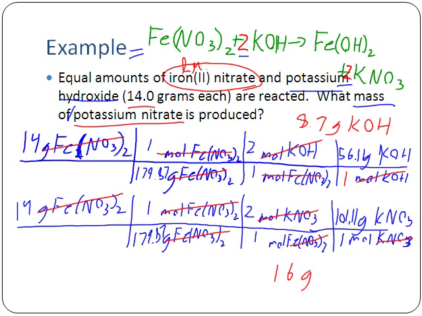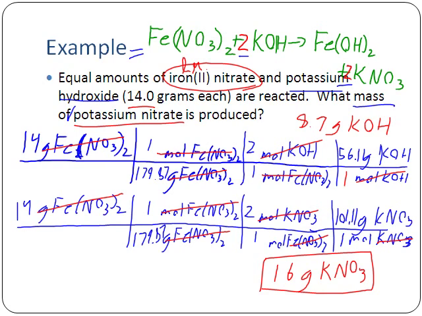And so the answer is 16 grams of potassium nitrate are produced. That would be our final answer there. So this is how you go about setting up a full-scale problem whenever you don't know which one's the limiting reagent. It is possible to get that final mass, but it does take a few steps. So we got that there.